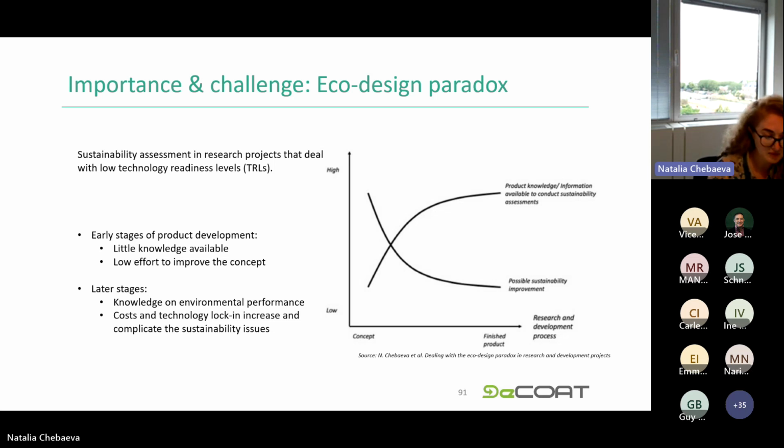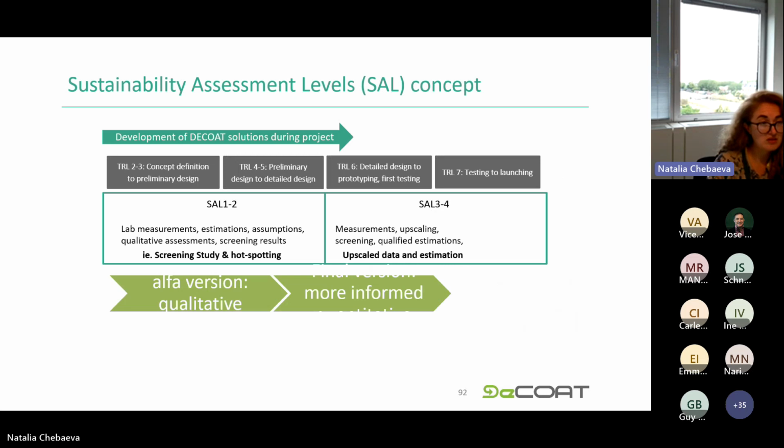Basically, that says that, yes, the early stages of product development and technology development are the easiest point to indicate hotspots and to fix them. However, these are also the stages that are the most challenging as for the certainty of information and due to the fact that we don't know the scales of the production, we don't know which particular materials are used sometimes even.